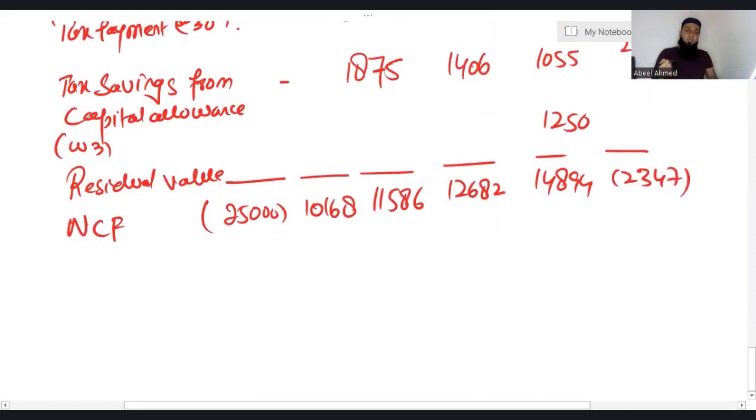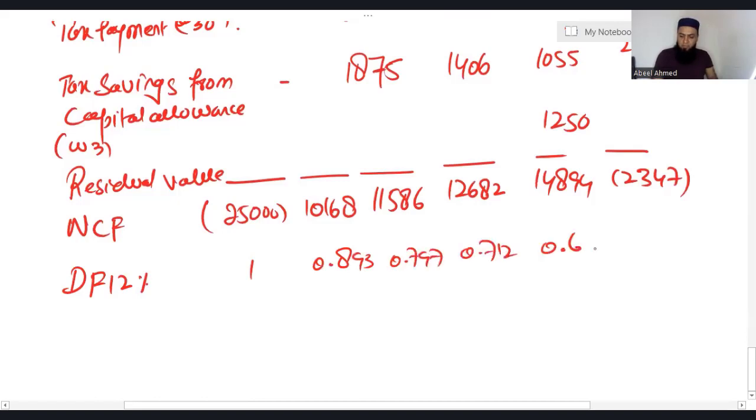So that is why cost of capital has to be after tax. So the discount factor is 12%. 1.12 power minus 5, yeah, 0.567.